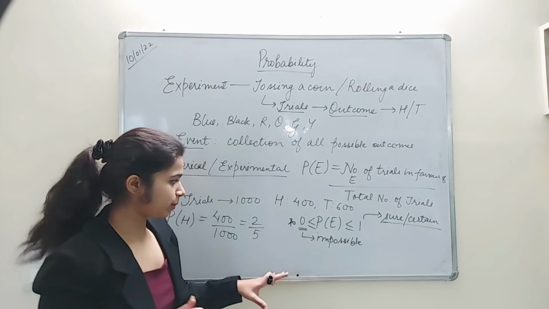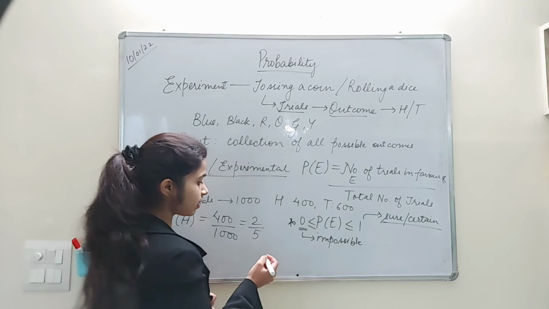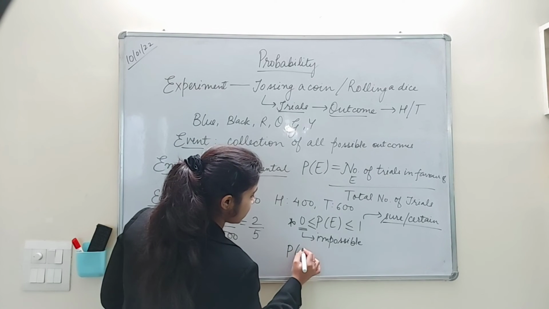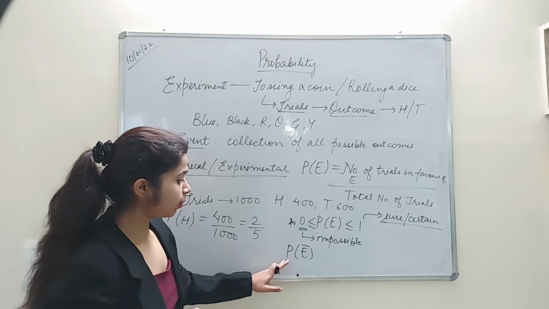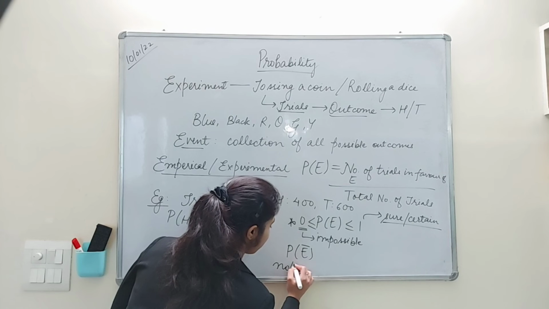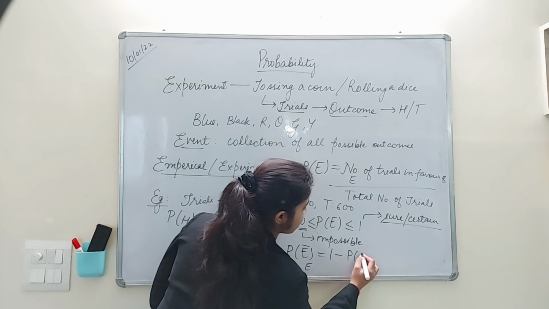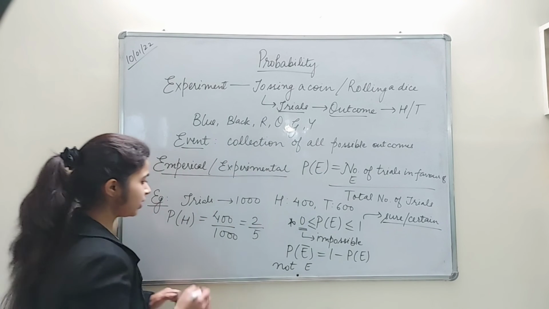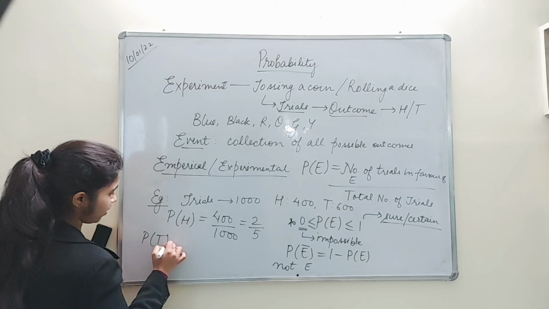Now we denote the probability of an event as P(E). Similarly, we denote the probability of an event not occurring as P(E bar). Fine. Now probability of not E, this is read as not E. That means E is not occurring. This is equal to 1 minus the probability of the event. We can see in this example as well, if we find out the probability of tail, what will be that?